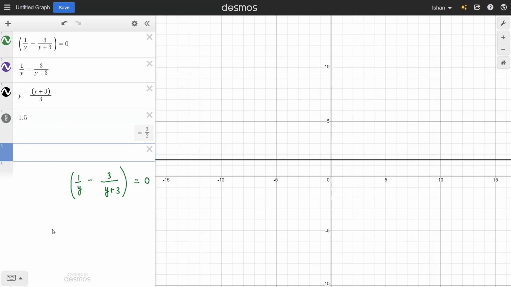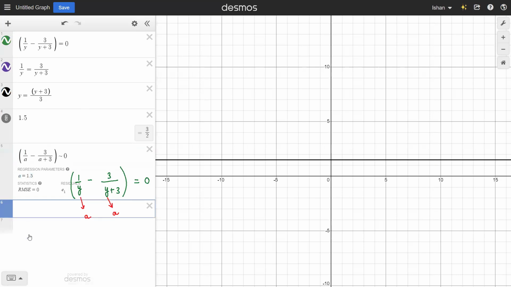I'm using a in place of y and doing the regression. The equals to sign will change to the sign of regression. You will see the value of a is 1.5 displayed. And you just need to find the value of a in the fraction form. You just write a and click over here. That is 3/2.